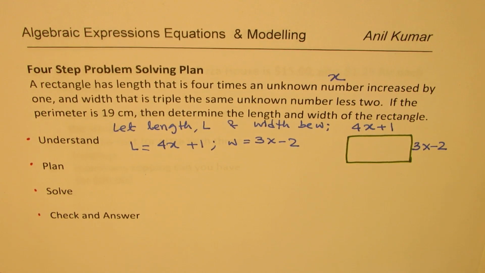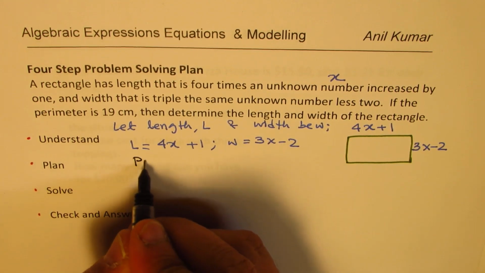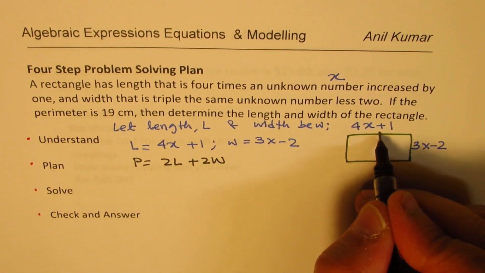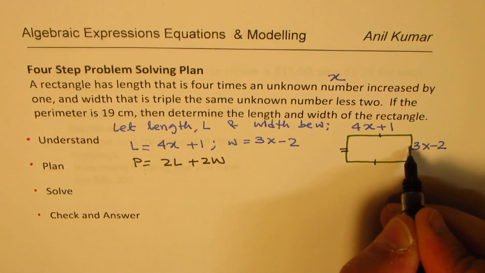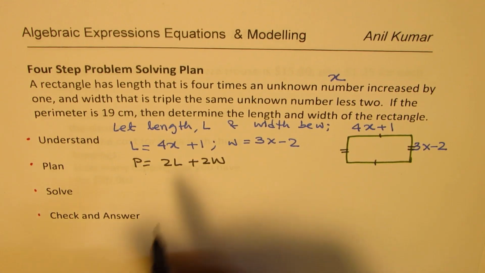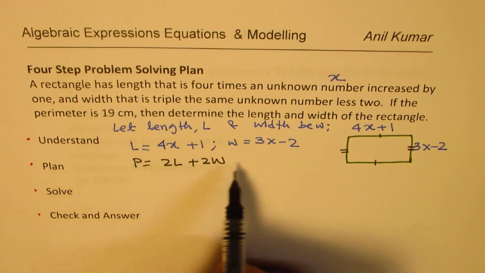Now what is perimeter? Perimeter is equal to twice length plus twice width. For a rectangle, the opposite sides are equal. So the perimeter is twice length plus twice width, right? So that is the information which we have to work with.